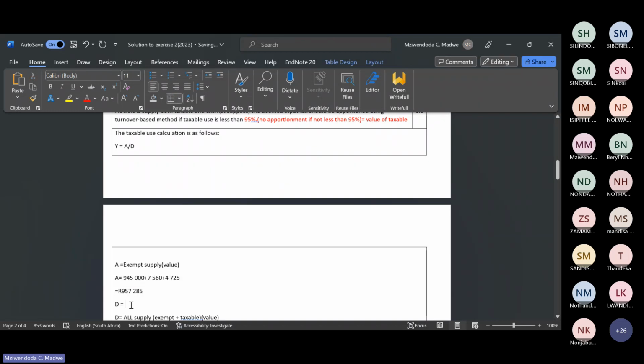Let us just calculate now the value of taxable supply. I think we have to start with 2,610,000. Then we have to calculate here 2,678,130 times 80%.